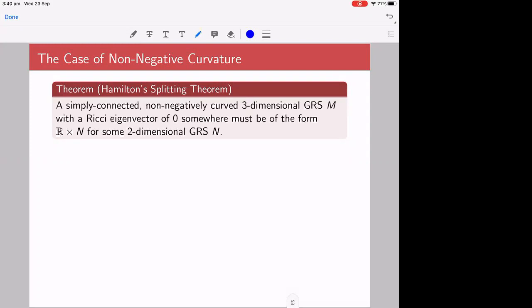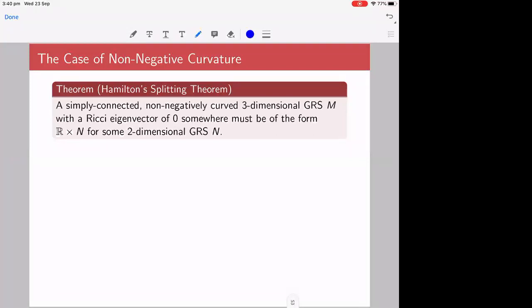The result is this: if you are a simply connected and non-negatively curved 3-dimensional gradient shrinking Ricci soliton, and you've got a Ricci eigenvalue of 0 somewhere on your manifold, could be anywhere, then you have to split. It basically has to be the real numbers times a gradient shrinking Ricci soliton of one dimension less. In this case, it's the 2-dimensional stuff.